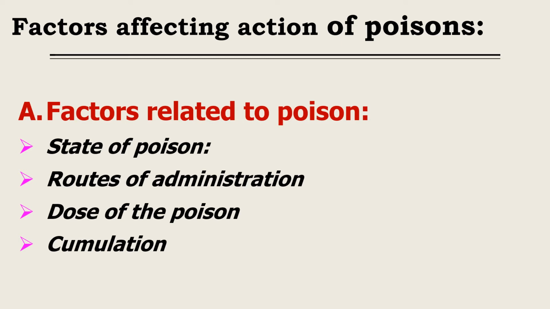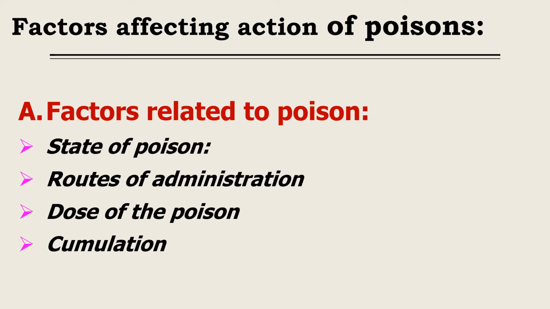But the difference between these routes is only a few minutes or even seconds. But which is the most common route of administration? Right, it is the oral route. Ingestion is the commonest route of administration, but the most rapid route is the inhalation route.